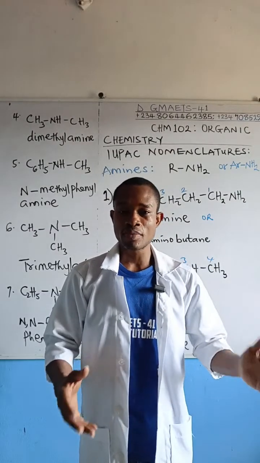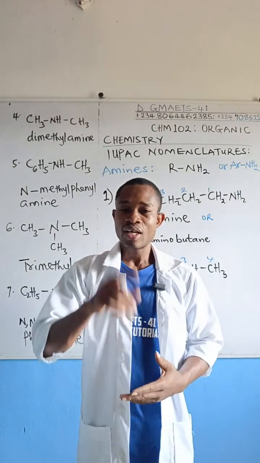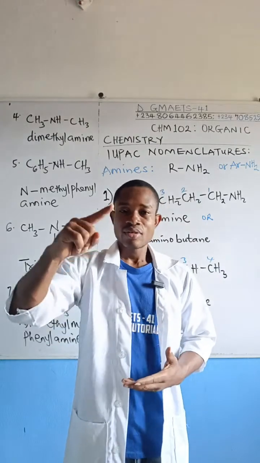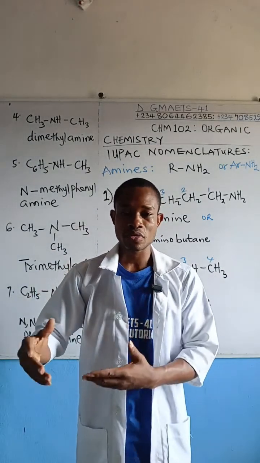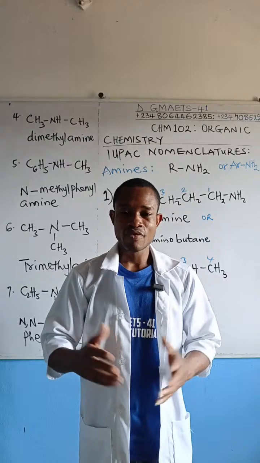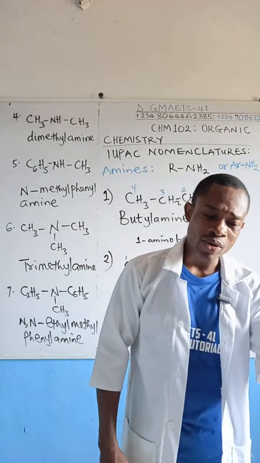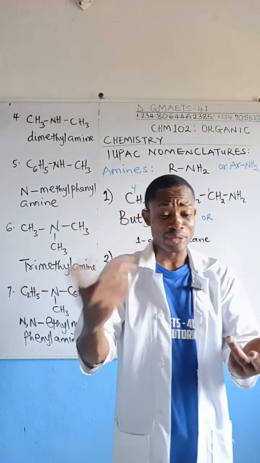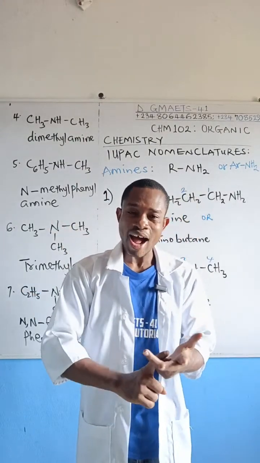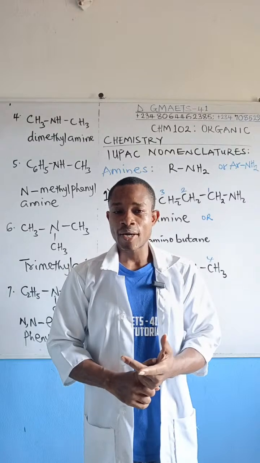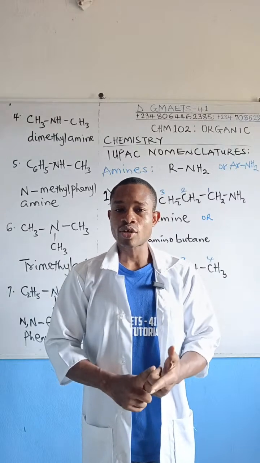Go to the GMAT 41's playlist, search for Chem 102, and you would see the video lessons covering these. Then alkanones, and I don't know if I started from alkanone also, I've forgotten, but alkanoic acids, acid amides, acid chlorides.